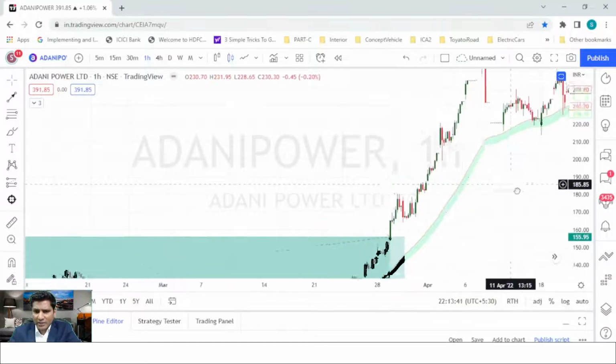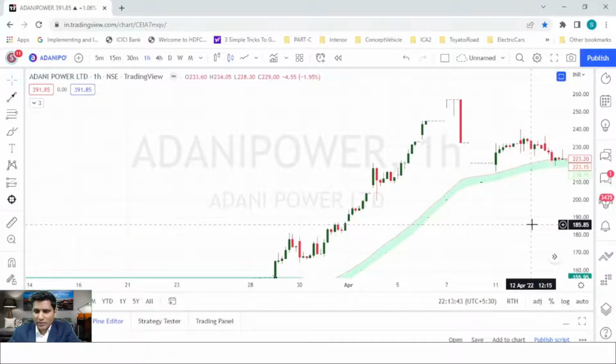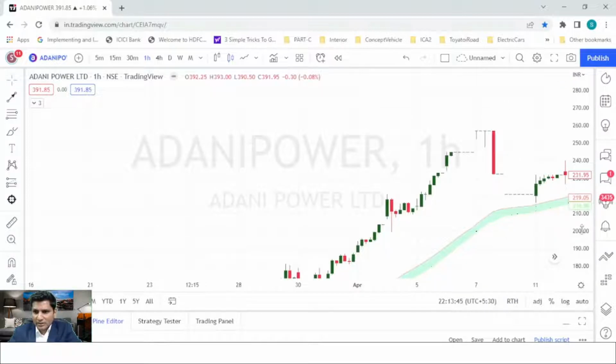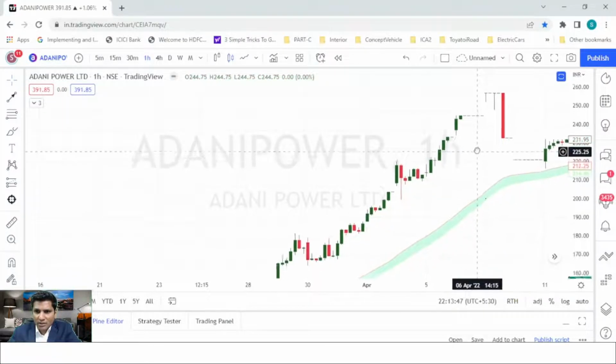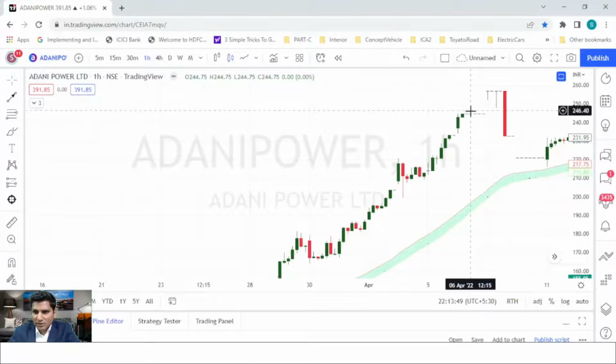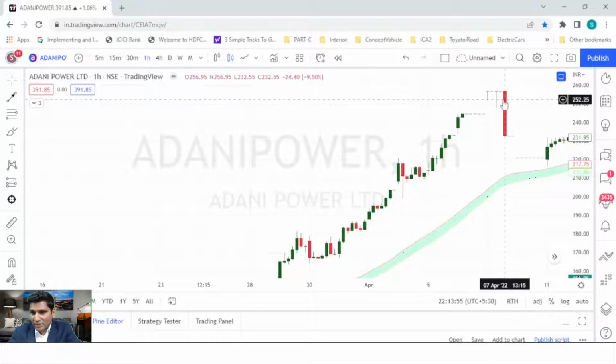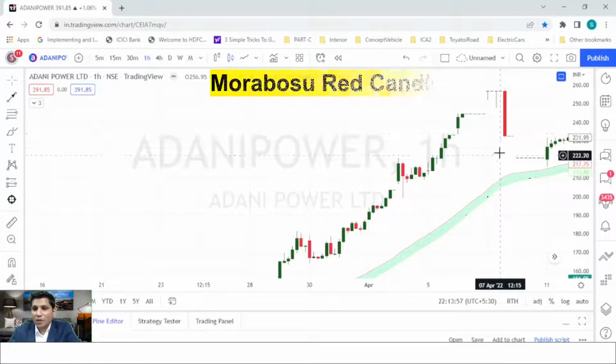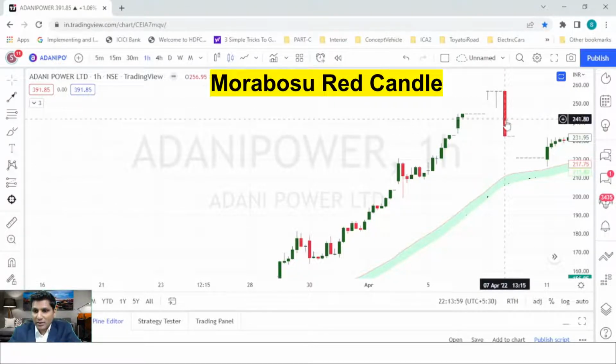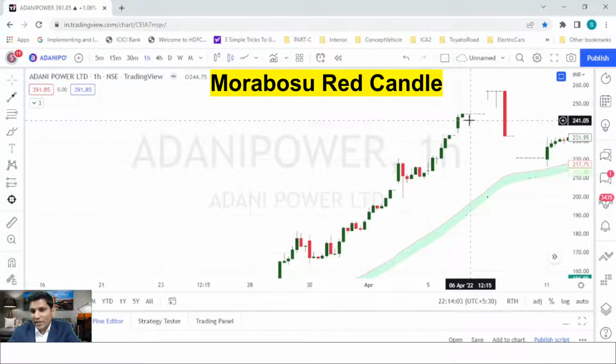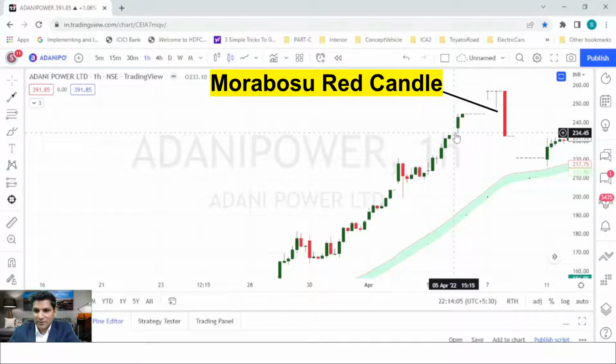As I was trailing my profits, the stock started making upper circuits in this area. Once it started making upper circuits, then I saw there was a major Marubozu red candle here, and it was breaking the previous highs.